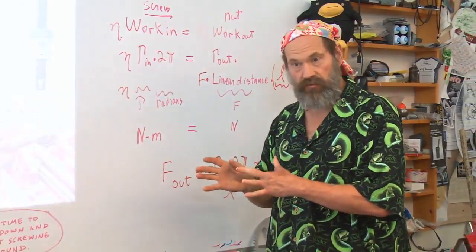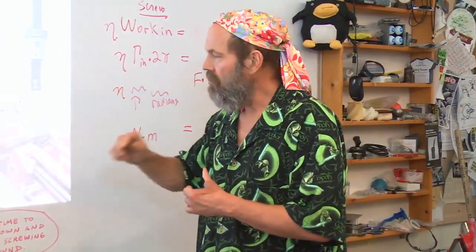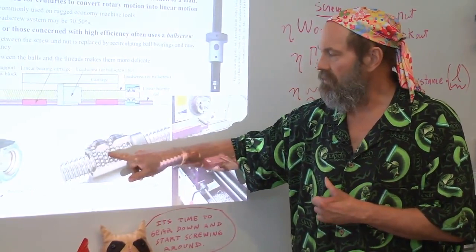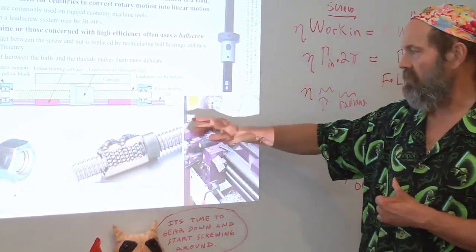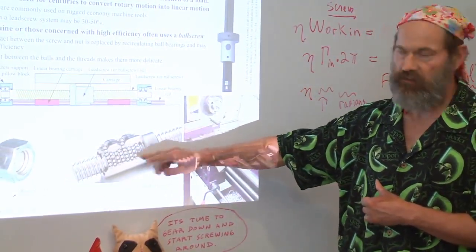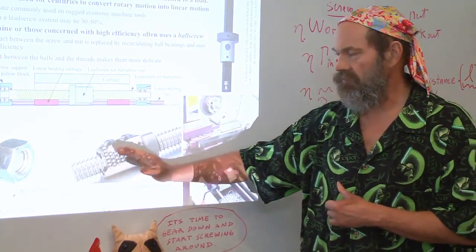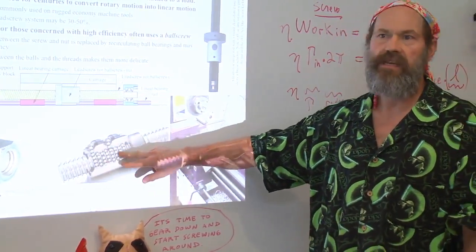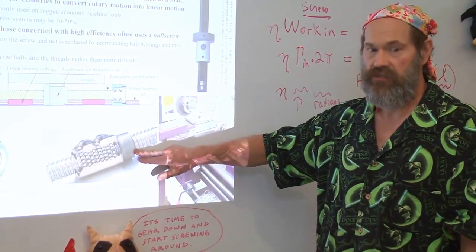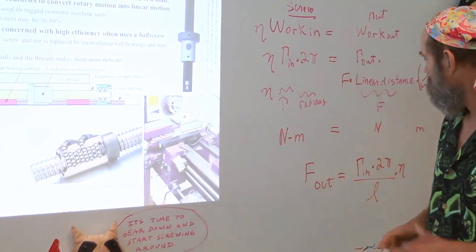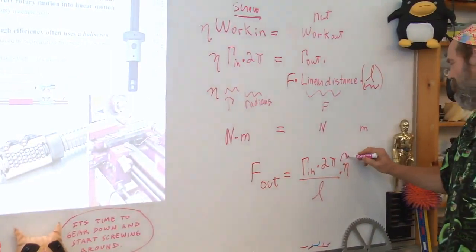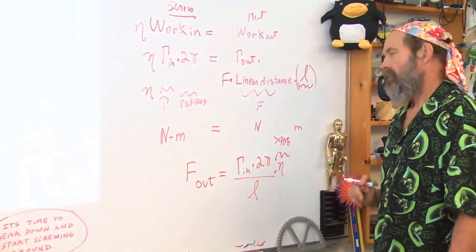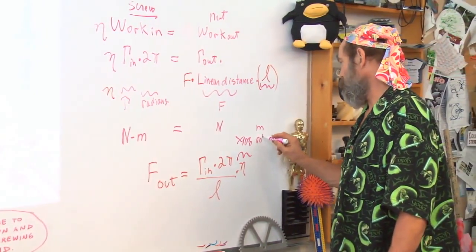Same thing with a ball screw or a roller screw. If you have rolling elements in here, the efficiency of this screw will be a function of, yes, the apparent coefficient of friction and the actual lead of the screw. Ball screws and roller screws can be 90, 95% and better efficiency. So this can be 90% easily for a rolling element screw.